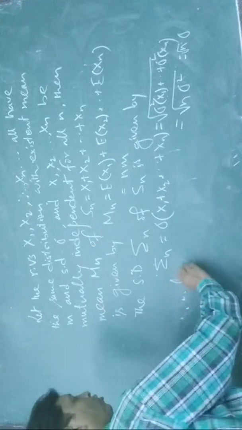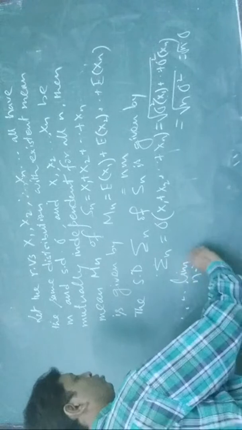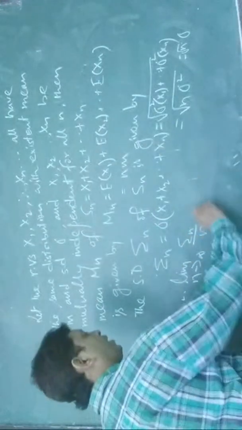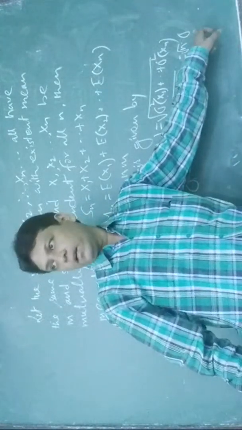Therefore limit n goes to infinity sigma n by n, what will be the result? It will be 0. Sigma by root n, so as root n tends to infinity, that will be 0 only.